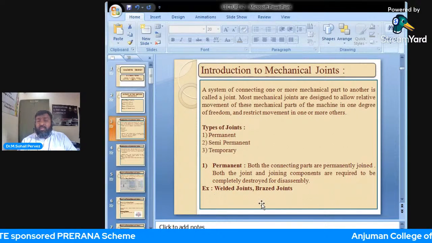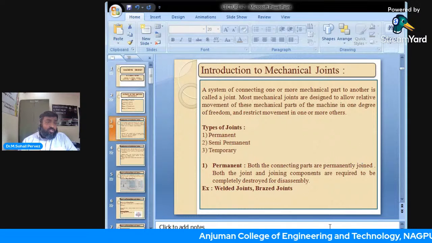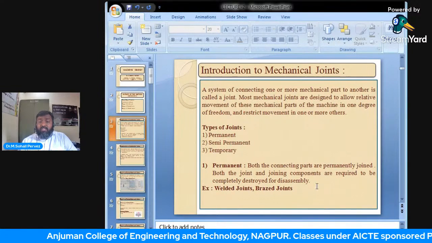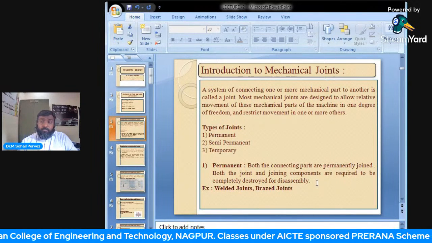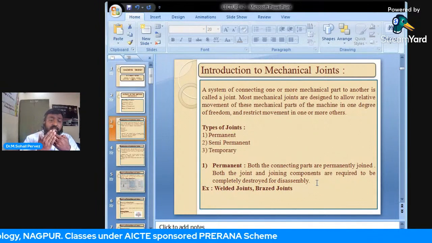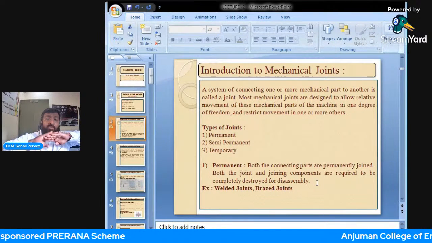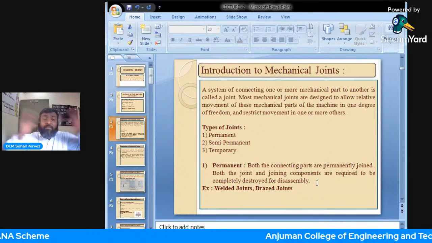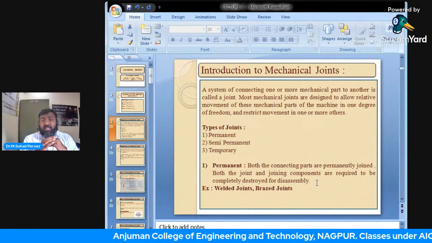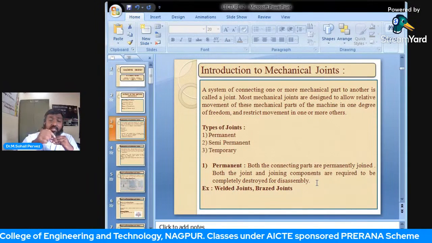When I say permanent joint, it means that both the connecting parts are permanently joined. Both the joint and the joining components are required to be completely destroyed for disassembly. Now, when I say I have joined these two plates, and if I want these plates to be disassembled, then we have to completely destroy the joint.